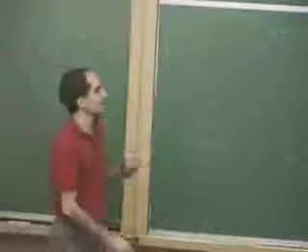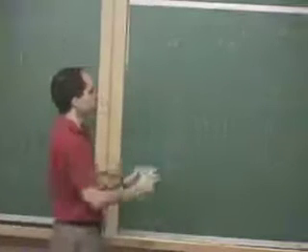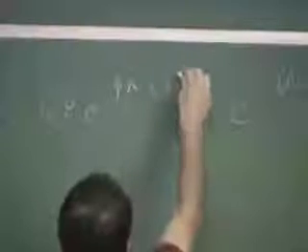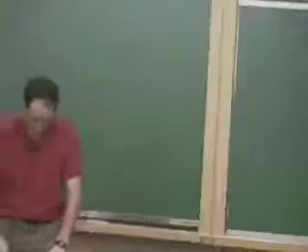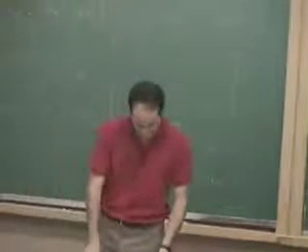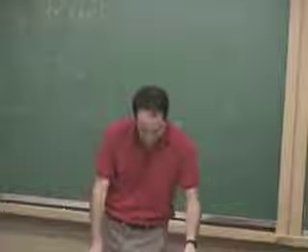So when the string ends on the boundary of AdS, the string will be sitting at some point on the S5. Okay? And so that point will determine the direction in SO(6), and you put in here that particular direction.